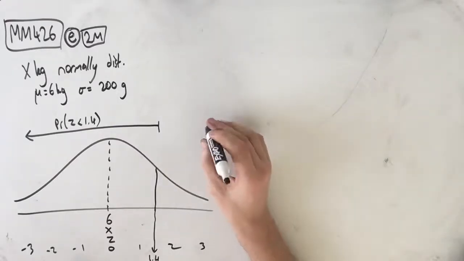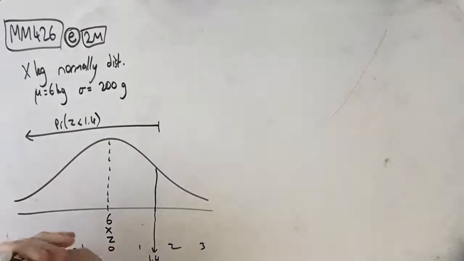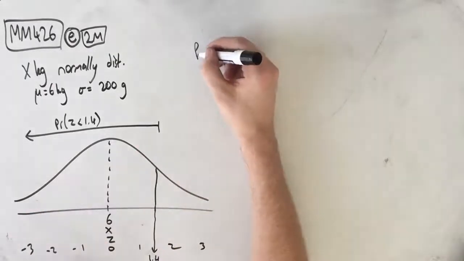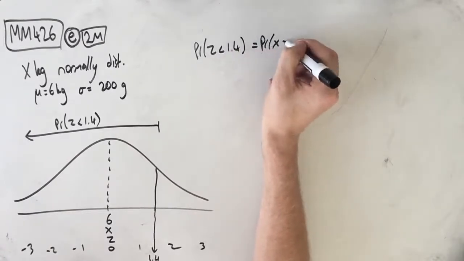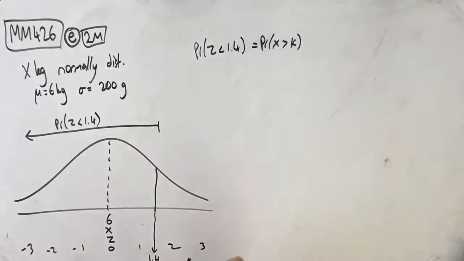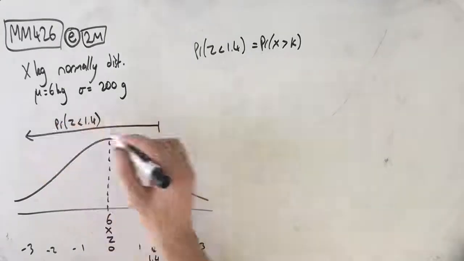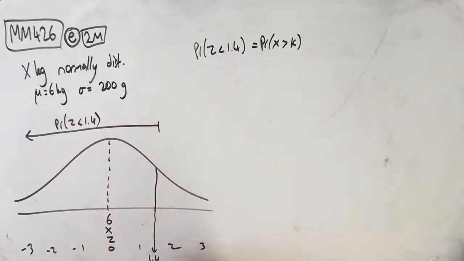Awesome. So, the question says, find the value of K such that the probability that Z is less than 1.4 equals the probability that X is greater than K. Awesome. So, what we're looking for is the probability that Z is less than 1.4, which is our standard normal distribution. So here we're 1.4 standard deviations away from the mean.